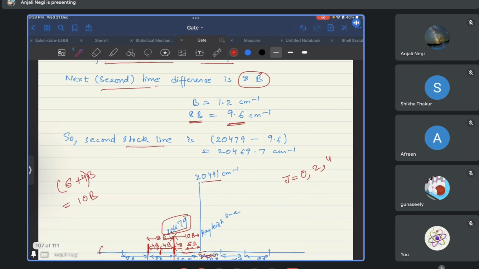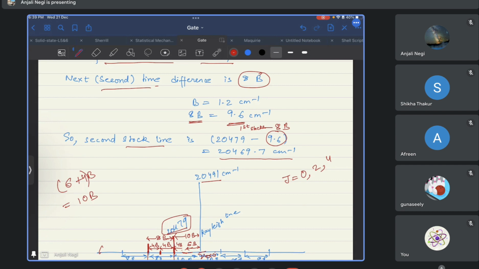That 8B will be subtracted from the first Stokes line. If they had asked us for the anti-Stokes, then the subtraction would be converted to addition. Here, since they are asking for the second Stokes line, we are doing the subtraction. So 20479 minus 9.6 gives us a value of 20469.7 centimeter inverse.